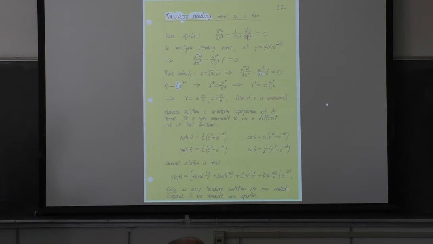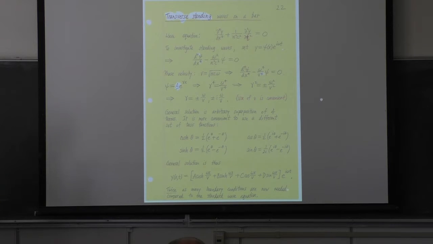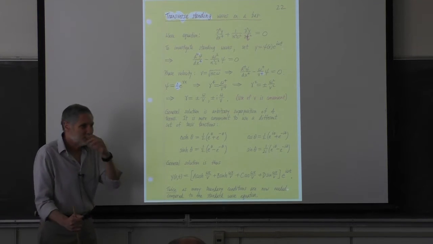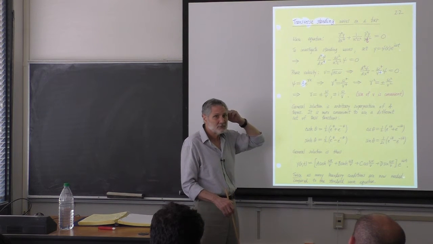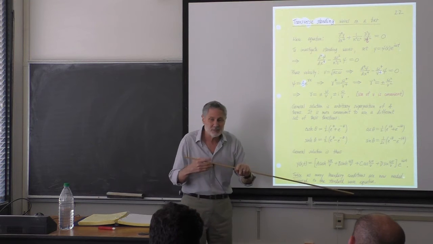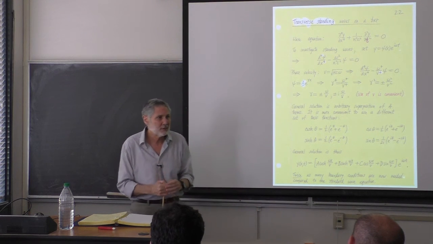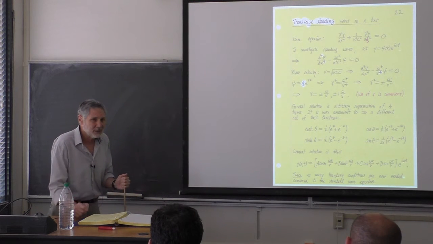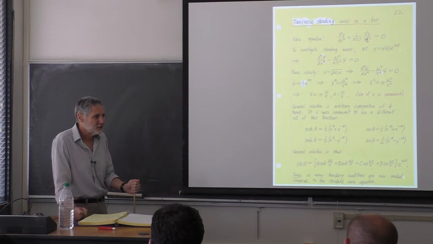Now, I want to say something here because it came up yesterday. James asked me. What we're doing so far is for an infinite bar. You should think of everything to this point, starting from the beginning of flexure waves, as being for a bar infinite in both directions. That's the way you want to think about it. You don't want to start to think about boundary conditions because you can easily be lost.